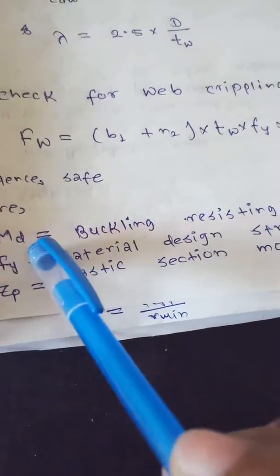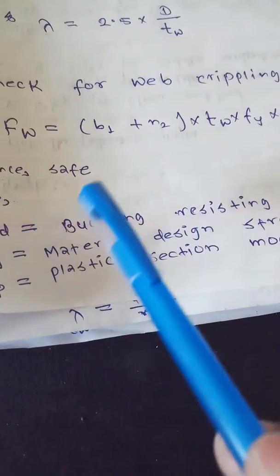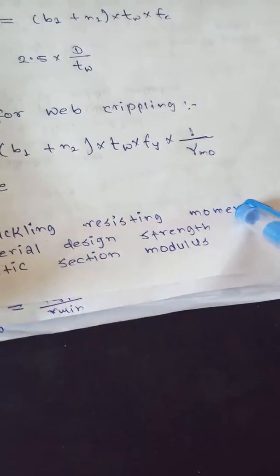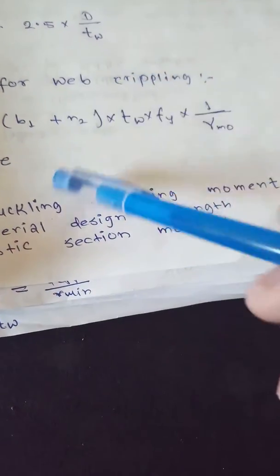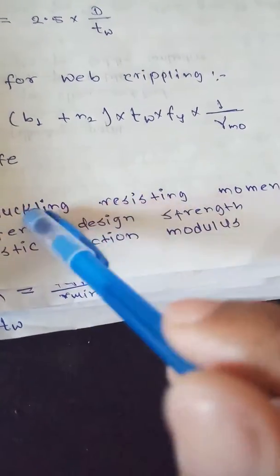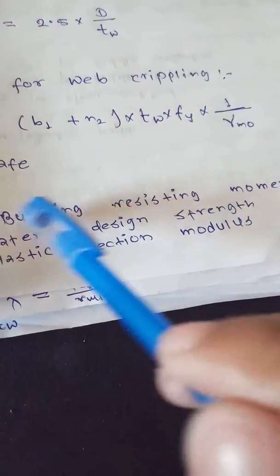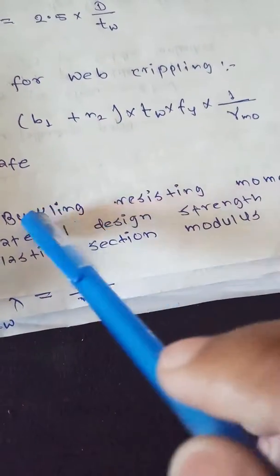Here you can see M suffix D is nothing but buckling resisting moment. Earlier I said MD, but I didn't say buckling resisting moment, but MD is what here? Buckling resisting moment.